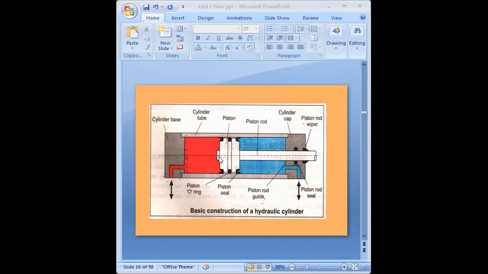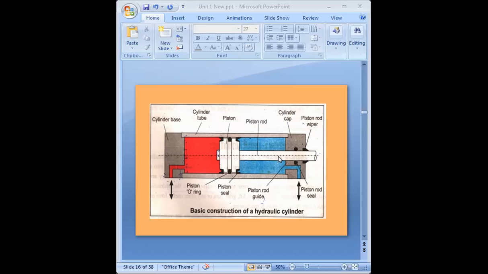When pressurized fluid applies force on this side of the piston, you can see from the red side, then due to that force your piston and piston rod will move against the load.